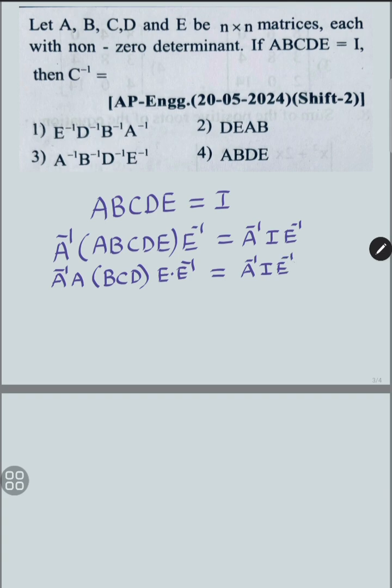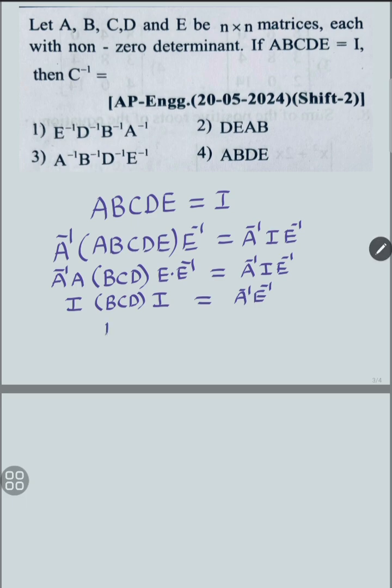A into A inverse equals I, E into E inverse equals I, so I into BCD into I is equal to A inverse into E inverse. If you multiply any matrix with the identity matrix, you get the same matrix. That's what we are getting.